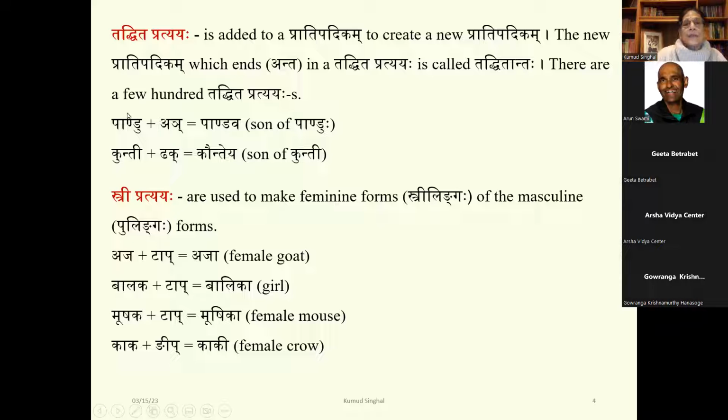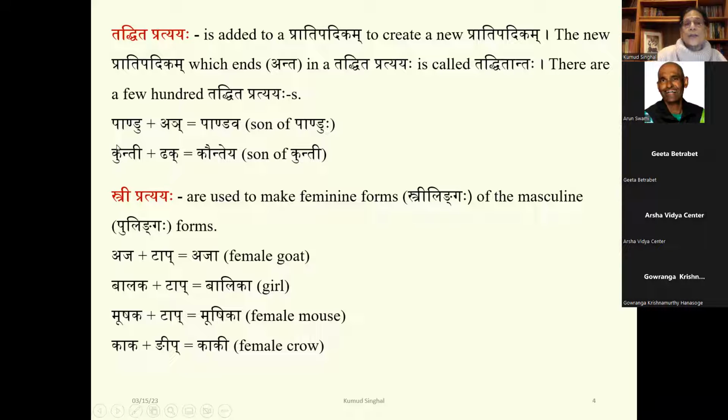For example, if you take a pratipadikam Pandu, it is a u-ending pratipadikam. And if you add this tadhita, then you get Pandava, a new pratipadikam, which means son of Pandu. Now, Pandava is an a-ending masculine pratipadikam, so it will have 24 name forms.